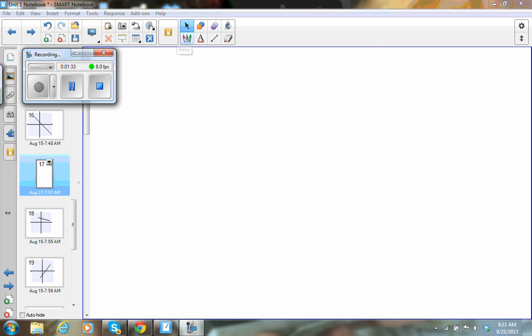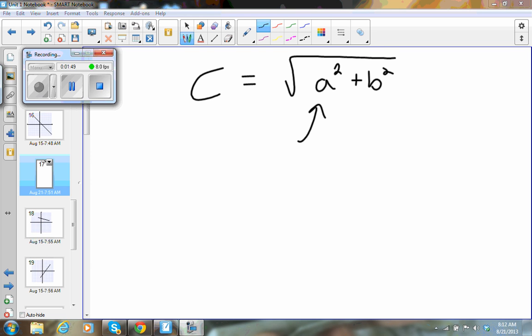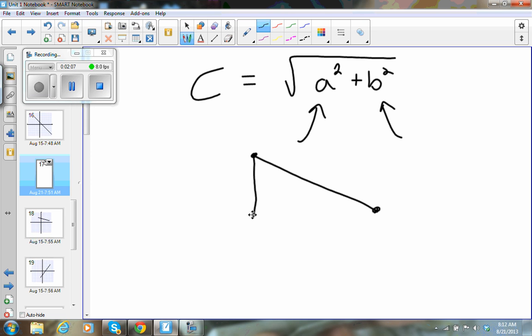We ended up last class with the distance formula. The distance formula that I gave you was this: C equals the square root of a squared plus b squared. Remember, A is either the height or the base, and B would represent the other side. If I give you a line here, you'll have 2 points, so you need to find the height and the base of the triangle by connecting it like that.